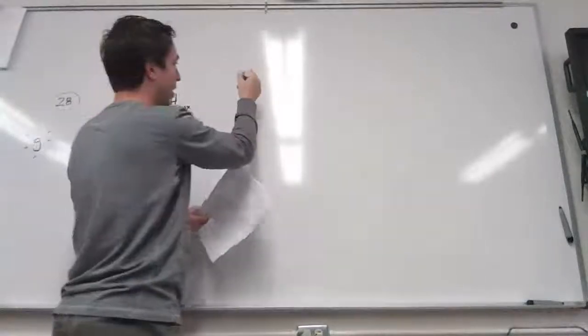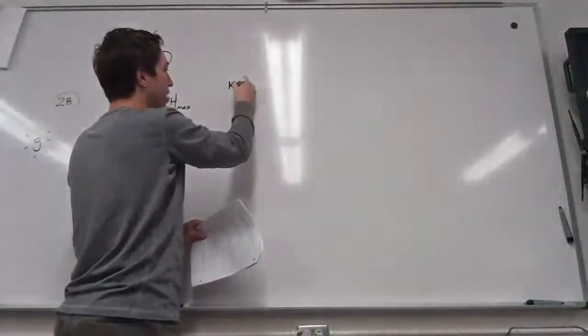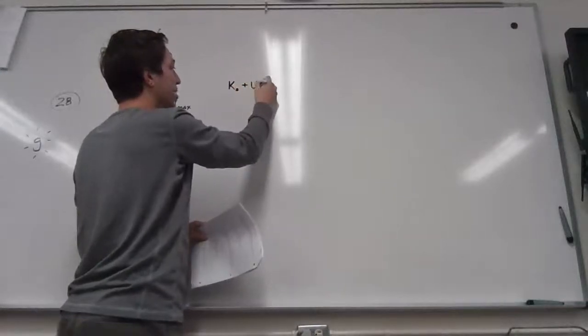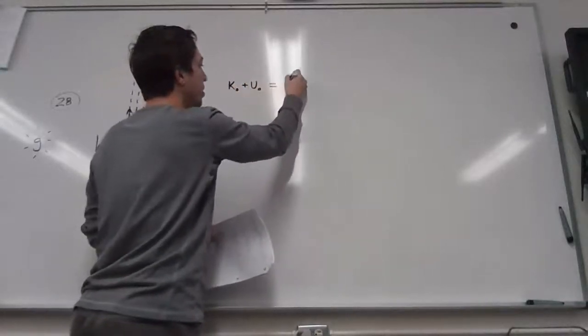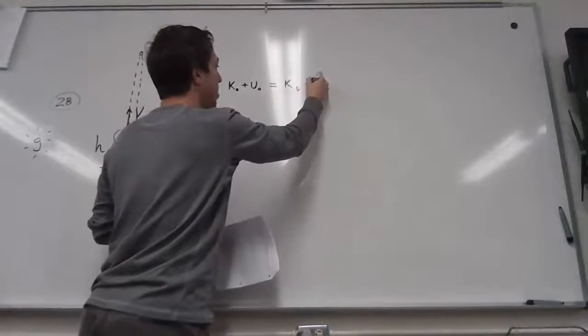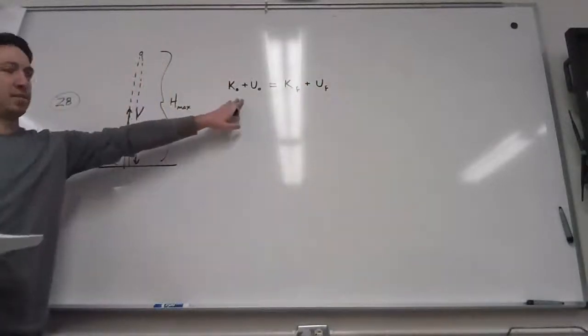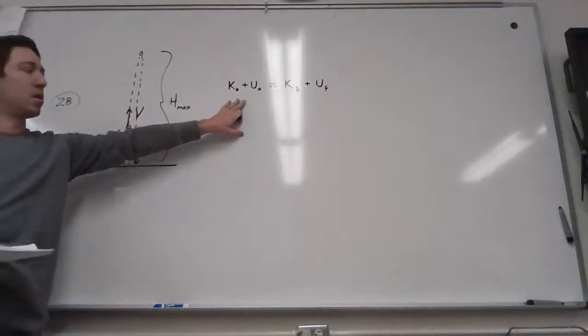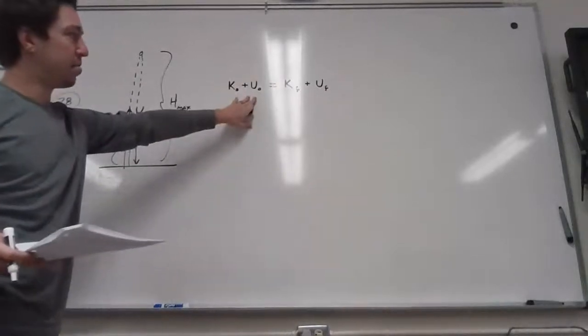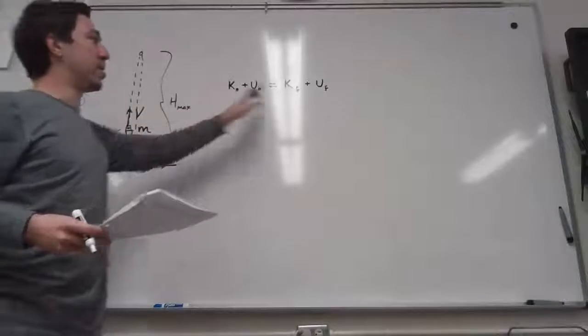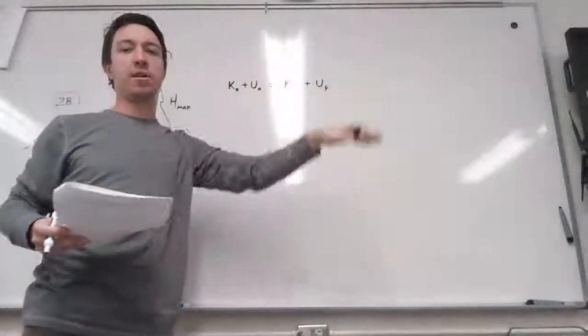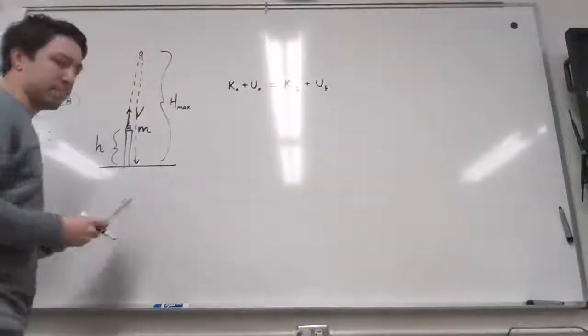By the way, you can set it up kind of like this. Initial kinetic plus initial potential is equal to final kinetic plus final potential. Does that make sense? Writing it the way I've written it? So total energy at some earlier point in time is equal to the total energy at some later point in time.